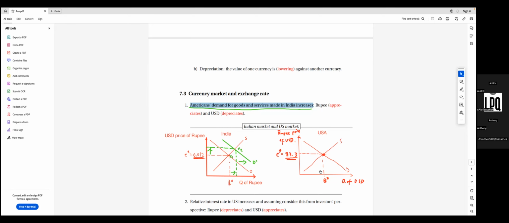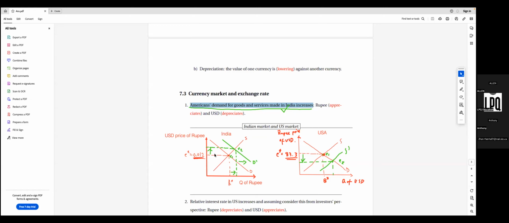Same event, but from the point of view of Americans, this time we shift the supply curve to the right. E number one is here, E number two is here. So if the left-hand side graph is appreciating, the right-hand side graph must be depreciating. If the rupee is appreciating against the USD, that means, rephrased, the USD is depreciating against the Indian rupee.